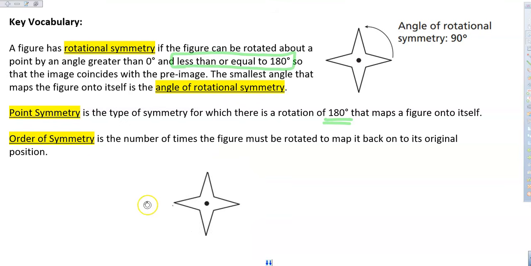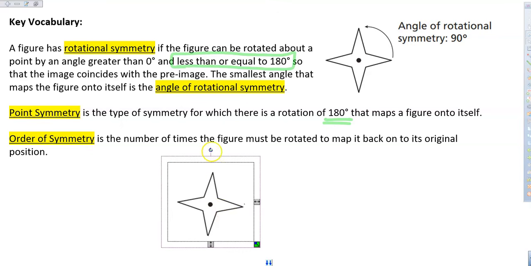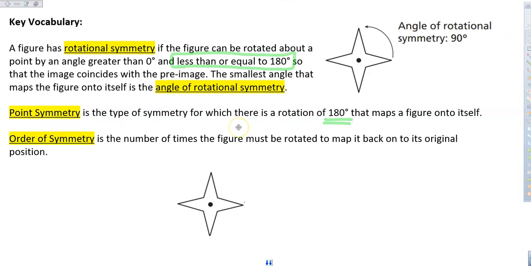Then I can go around 2, 3, and then 4 times we'll get this back to the beginning. So the number of times I had to spin it, if I start at this point, is 1, 2, 3, back around at 4 times. So the order of symmetry for this little ninja star kind of looking thing is 4. Okay, the order of symmetry is 4.